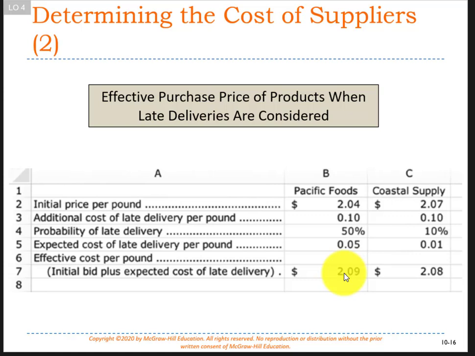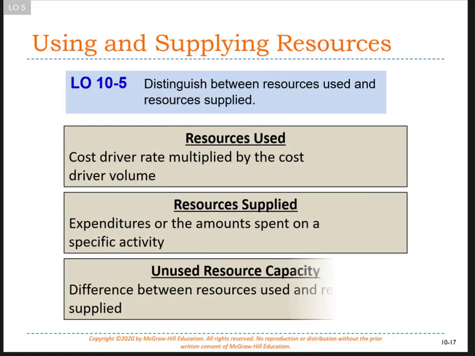Which is of course the reason why you want to identify anything that's defective as early as you can in the process. And we're going to talk about that quality in just a minute. All right, so that's a couple of ways you might think of your cost of suppliers.